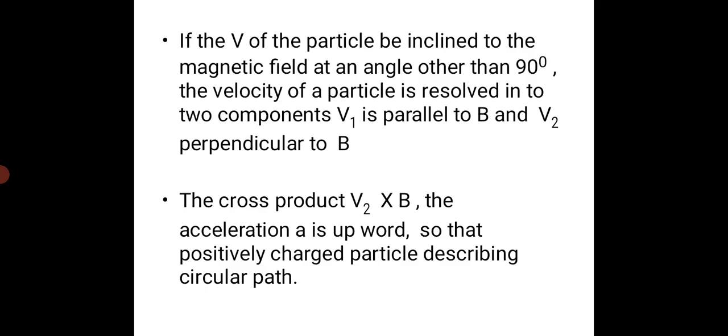If the velocity V of the particle is inclined to the magnetic field at an angle other than 90 degrees, the velocity of the particle is resolved into two components, V1 parallel to B and V2 perpendicular to B. From the cross product of V2 with B, the acceleration A is upward, so that a positively charged particle describes a circular path.